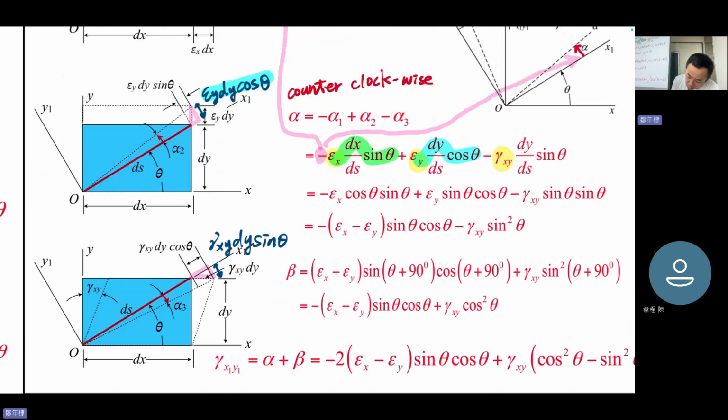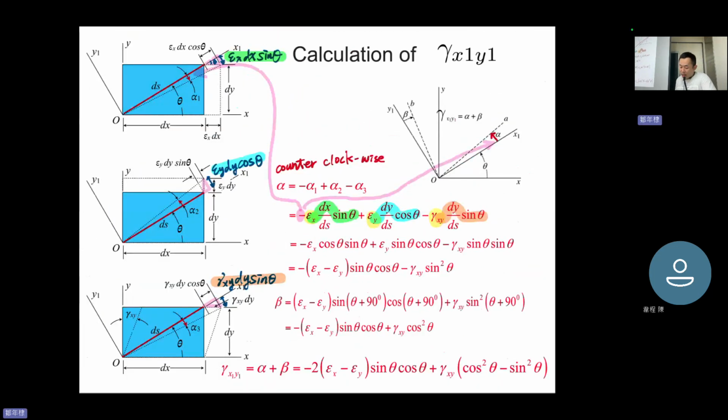So this is gamma xy dy sine theta divided by ds, and then you will get the angle here. We will do exactly the same thing, and you get the alpha equal to this.